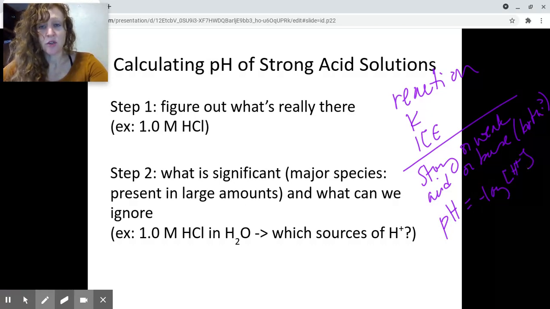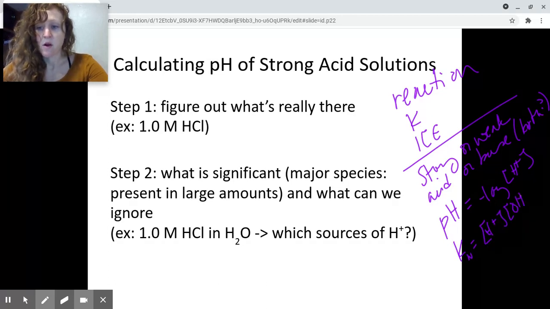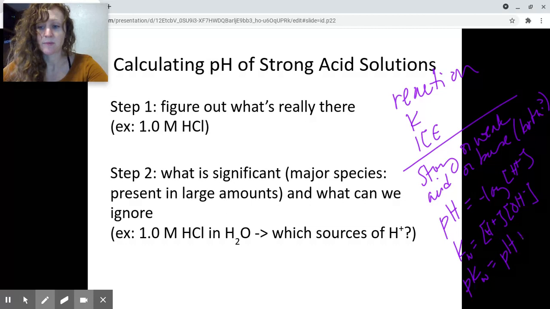Are they asking you about a hydrogen concentration? Well, then you may want to use your Kw equation. Or maybe it'd be more convenient to use the pKw equation.